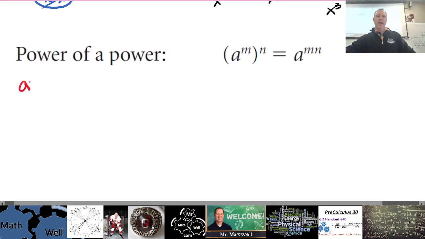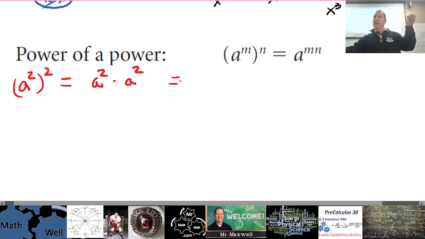Let's say I had a squared squared. Well, that actually means a squared times a squared, doesn't it? It's times itself 2 times. Now, if I use my product rule from the beginning there, then this would be a to the 2 plus 2, or a to the 4.